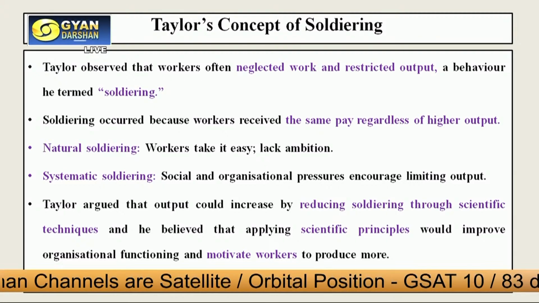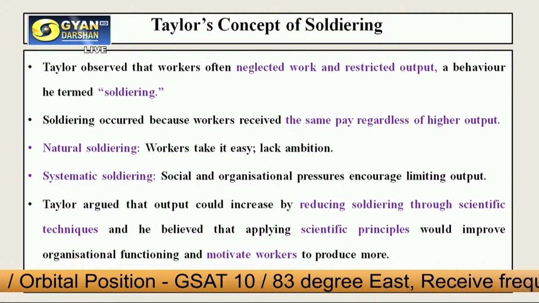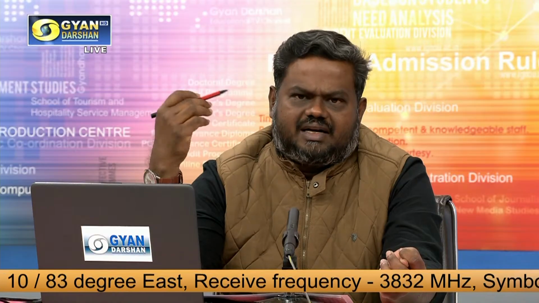For example, if a person is not interested in doing any work, and he is simply doing the work routinely, the same work again and again without any ambition. He doesn't have any forward thinking. So what used to happen, at the end of the day, the output would be affected by social and organizational factors. Social and organizational factors used to restrict the output of the workers.